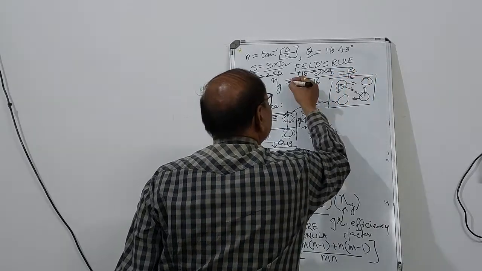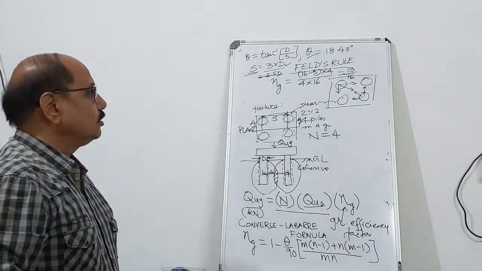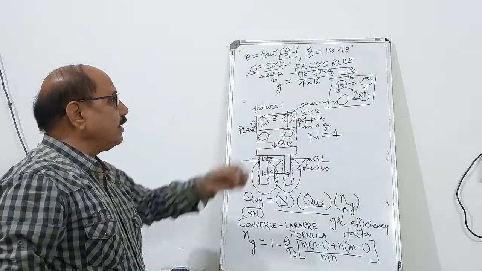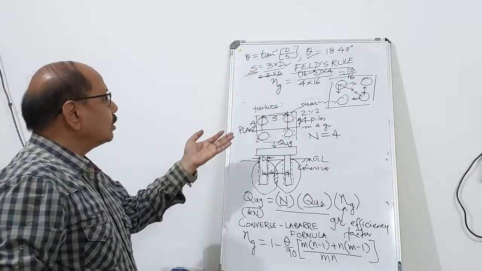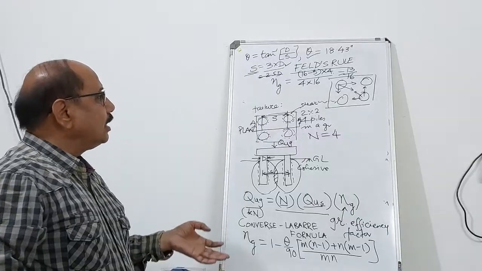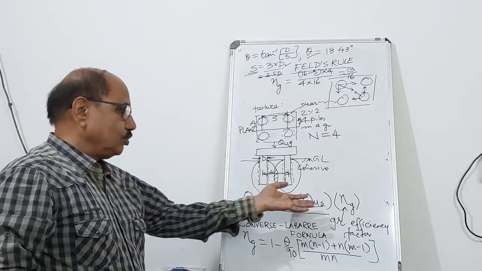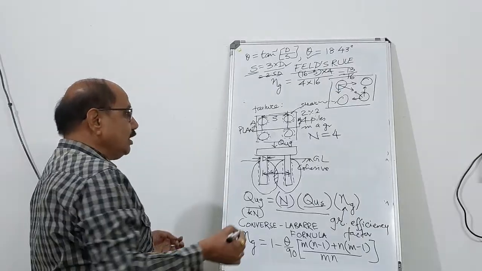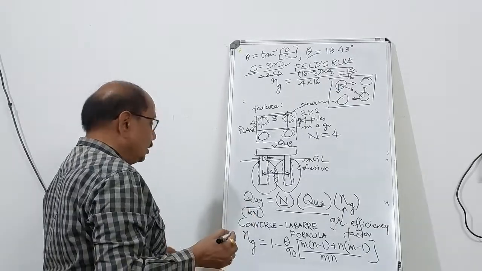So eta G you can find it out. So eta G can easily be found out by using Feld's rule, or you can use the Converse-Labarre formula, and you can substitute in this. This is based on individual shear failure.